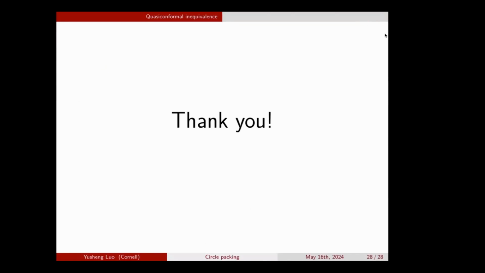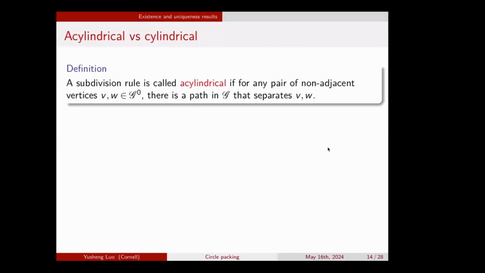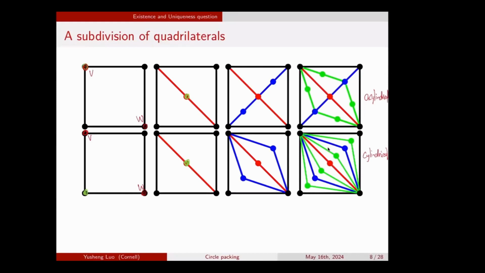Hi, so I have a question about this acylindrical condition. I forgot a little bit the definition, but how typical is it? I mean, you have a rule for subdivision, and how often is it non-acylindrical? Yeah, most of the cases they are going to be acylindrical.